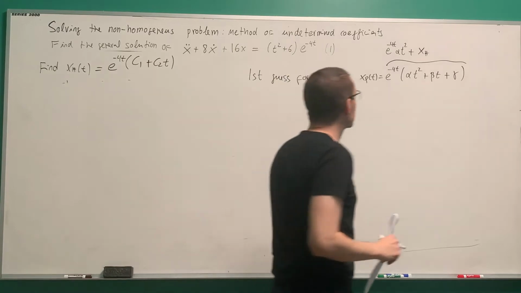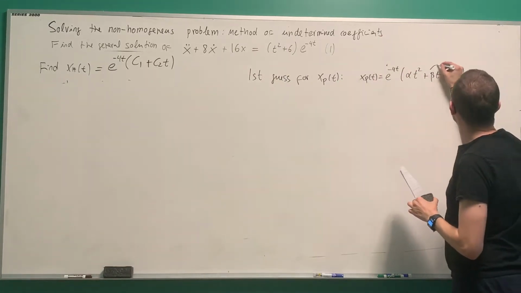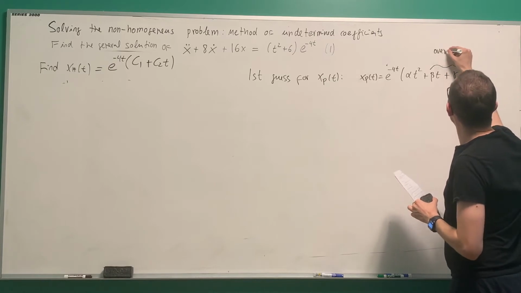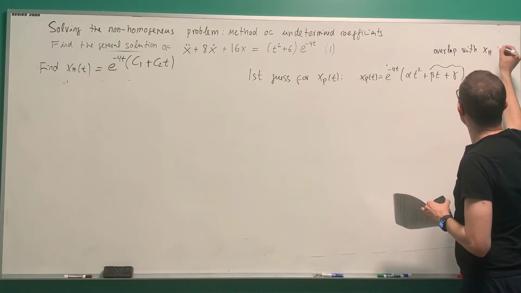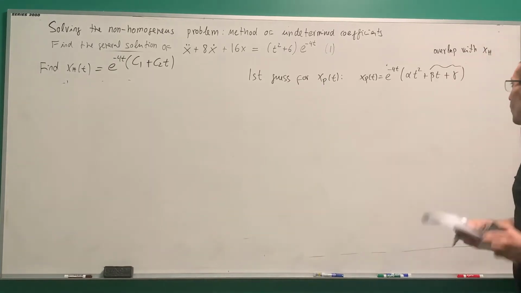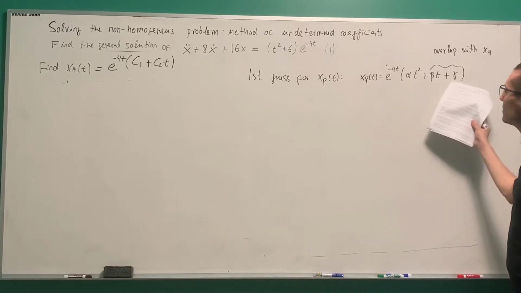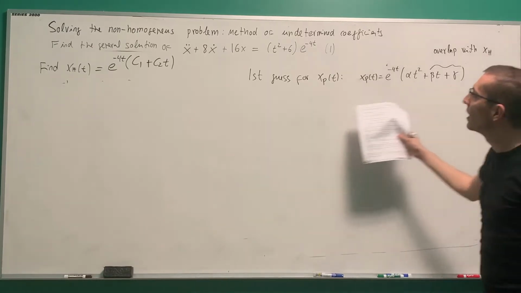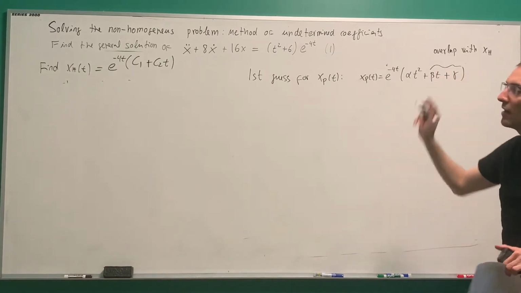That is not a good guess, because these two terms overlap with xh. Why is that a problem? Well, the problem is that we need, because this is a second order polynomial, we need 3 constants in here, and if we plug this in, automatically this is going to be cancelled, this is going to be cancelled, and I'm going to have only 1 constant.